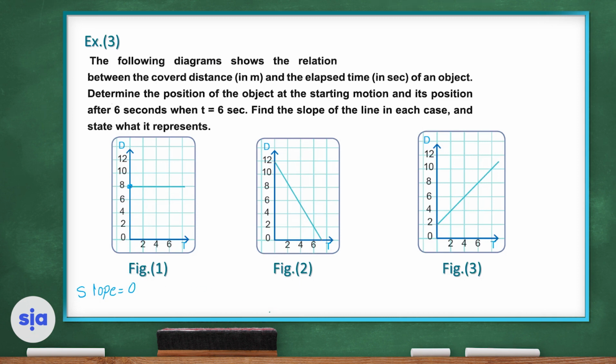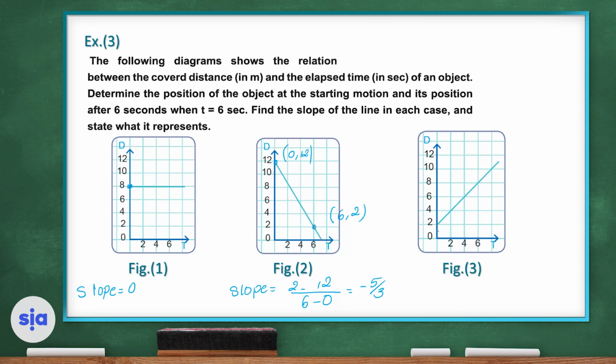In figure 2, it started at 12. After 6 seconds, it's 2. So the coordinates of this point are (0, 12), and the coordinates of this point are (6, 2). To find the slope, it's equal to (2 minus 12) over (6 minus 0), which is -5/3.